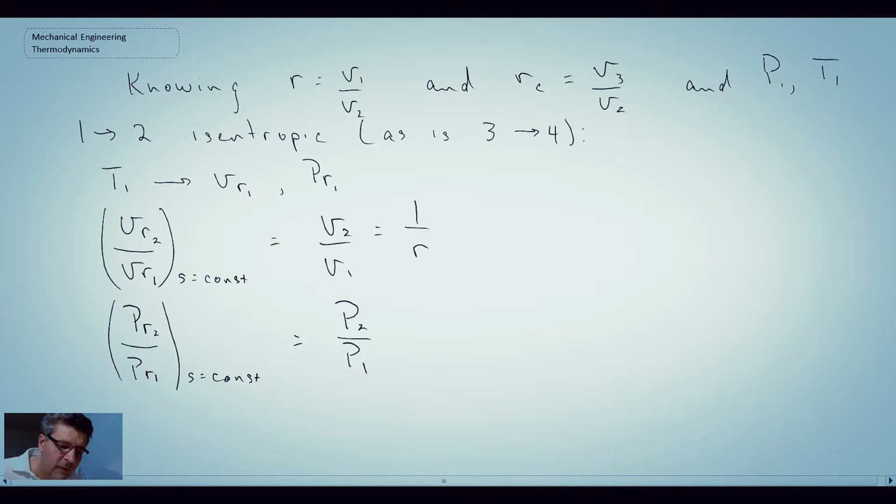So we can use the relative volume and relative pressure as shown there.